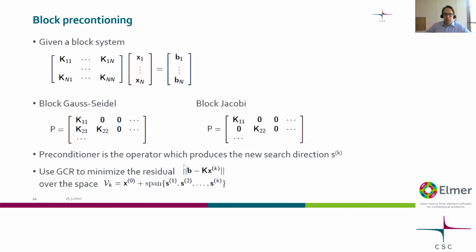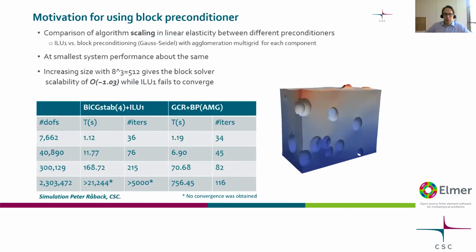So that can work quite efficiently. As a motivation for using that kind of methods, this is our old friend, the cheese. Here I compared many years ago already, on my laptop, the CPU time that is needed for a solution of the linear elasticity problem using two different methods.